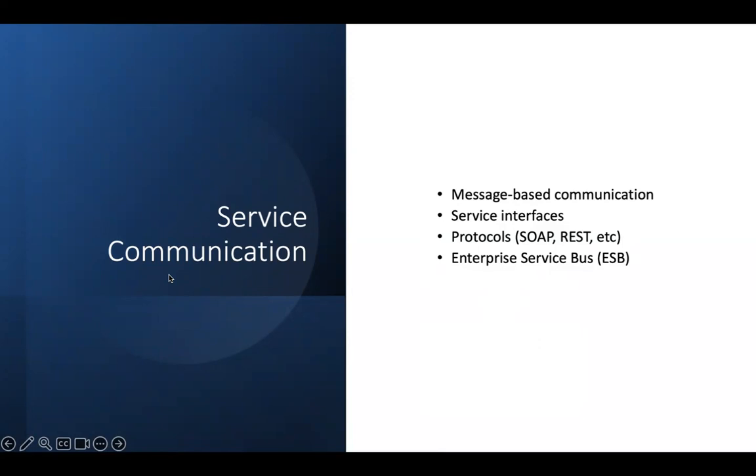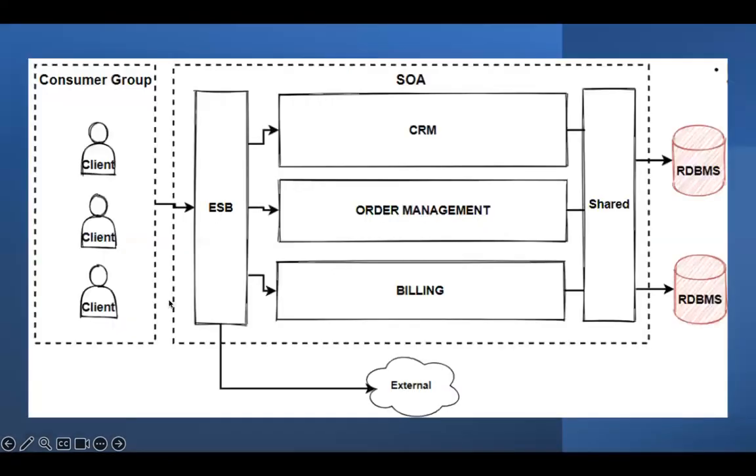And we also have the Enterprise Service Bus, or the ESB, which facilitates communication and integration between different services and applications within an enterprise. So, for example, as you can see in this image, we have three different services. We have CRM, order management, and billing. And we can see that the client is accessing the multiple services with the use of the ESB.